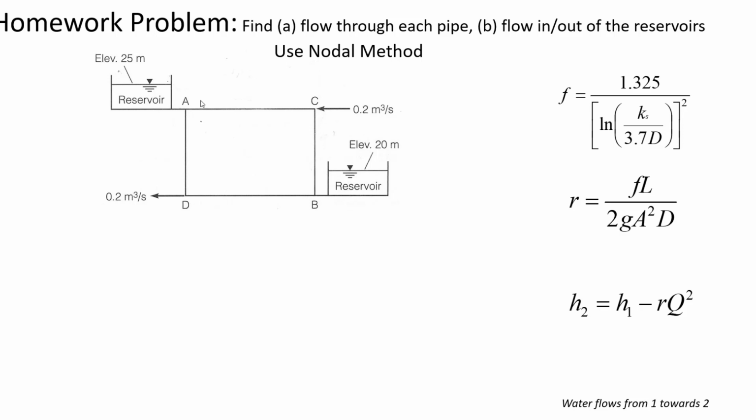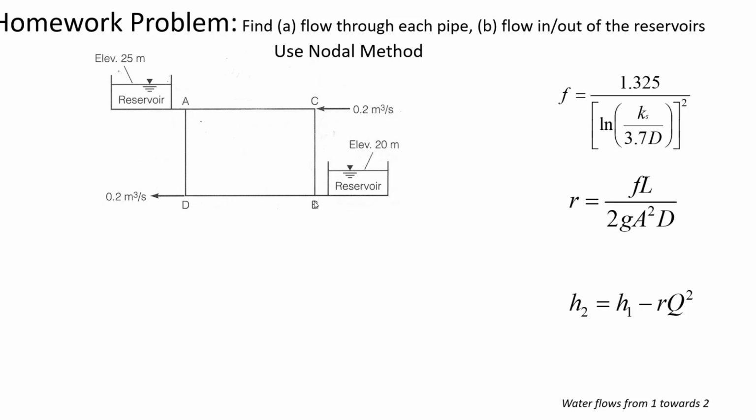So we've got our reservoir connected to junction A. Okay, we do know that the water is going towards junction A from the reservoir. Why do we know that? Well, because it's going to go from this tank towards this other one, from high head to low head. So the water is going into junction A from the reservoir.